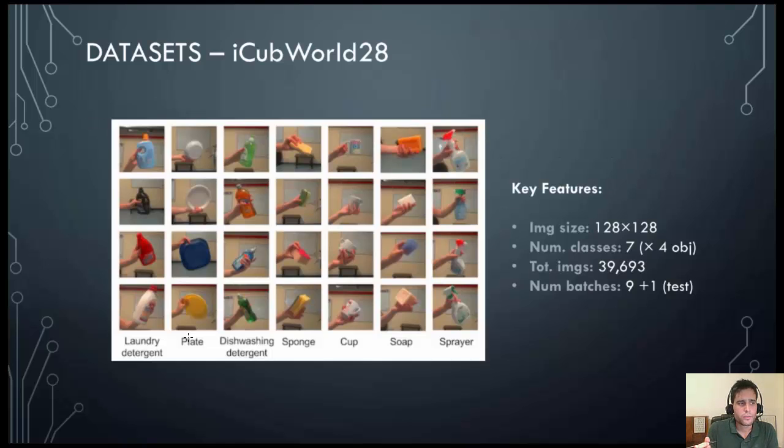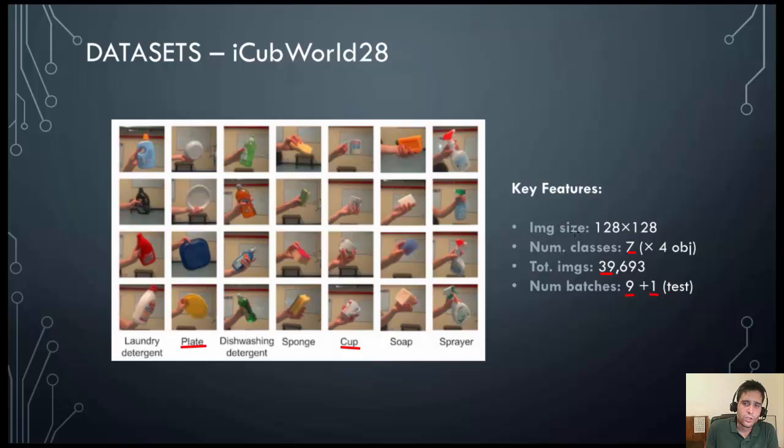The iCub World 28 is a collection of 28 different objects belonging to 7 different classes, and these are domestic objects, very common, like plates or cups. And we have a total number of 39,000 images divided in 9 different training batches and 1 for testing purposes.